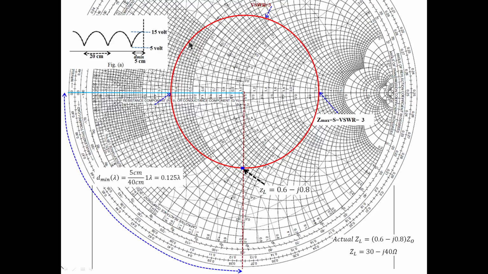After traveling that much distance and drawing a line, you will be getting that load value. Even if the maxima or the minima is given: if the minima distance is given, you should start from here. If a maxima distance is given from the load, this is the load point here and the maxima is here, then you should start from here and move like this.